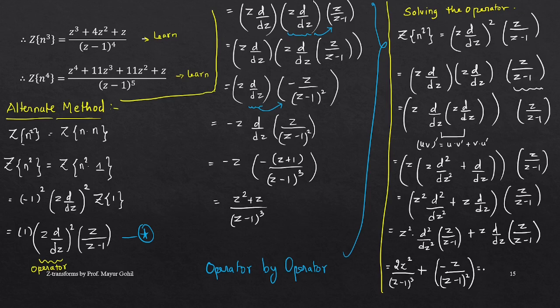You will get your answer as z square plus z over z minus 1 the whole cube. So this is what is very important when you solve by operator. Now see why I showed you these methods: we need to give flexibility to our understanding of how to solve. Operator by operator is a very basic way. Solving the operator entirely is also an advanced way, but you should be very careful while doing it.